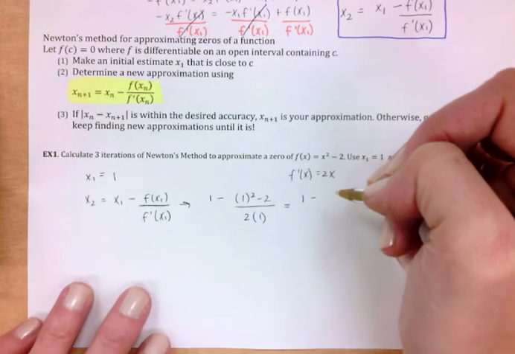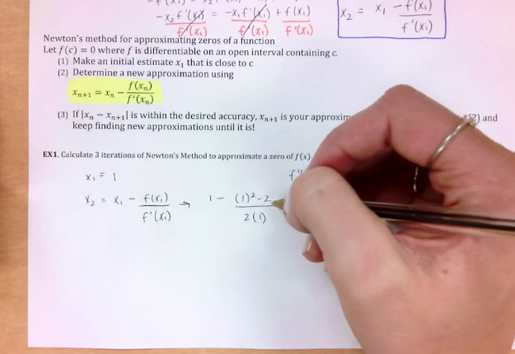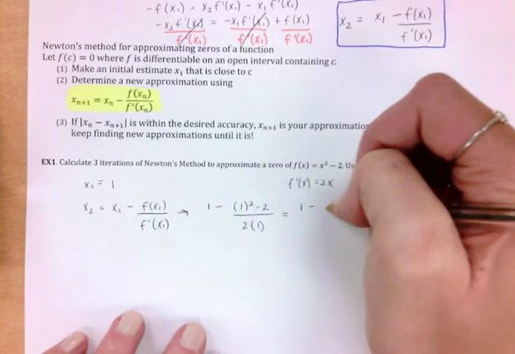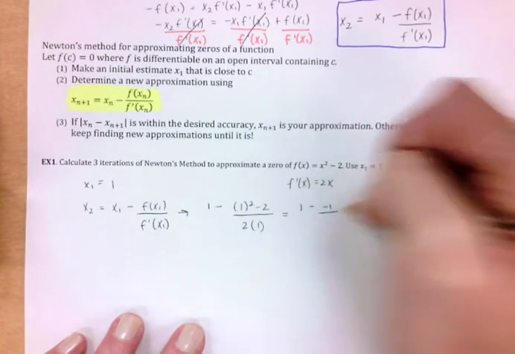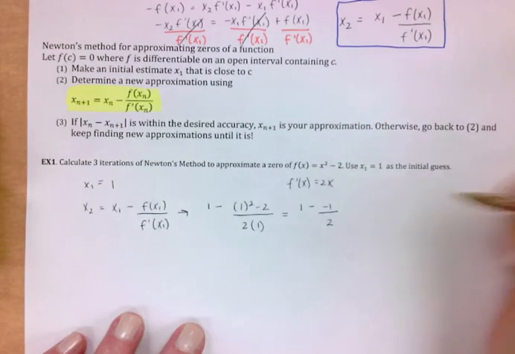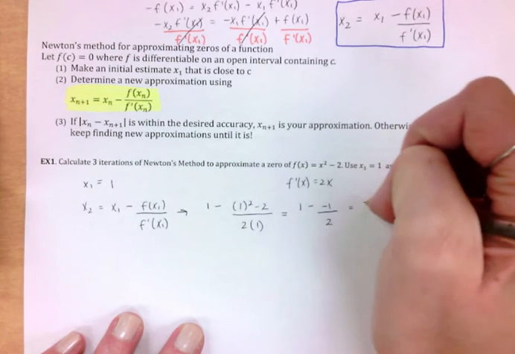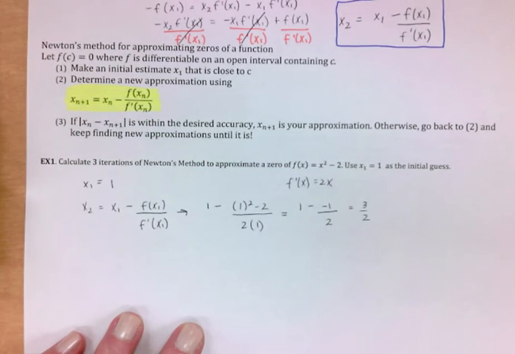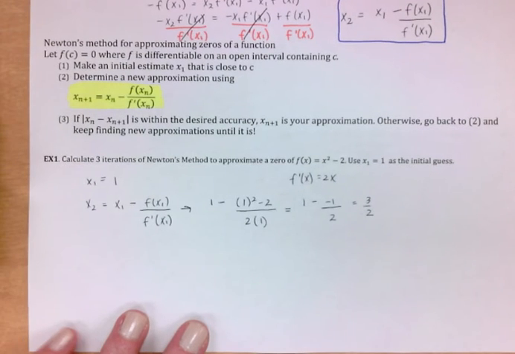That's 1 minus negative 1 over 2, so 1 plus a half, which is 3 halves. So that's our x2.